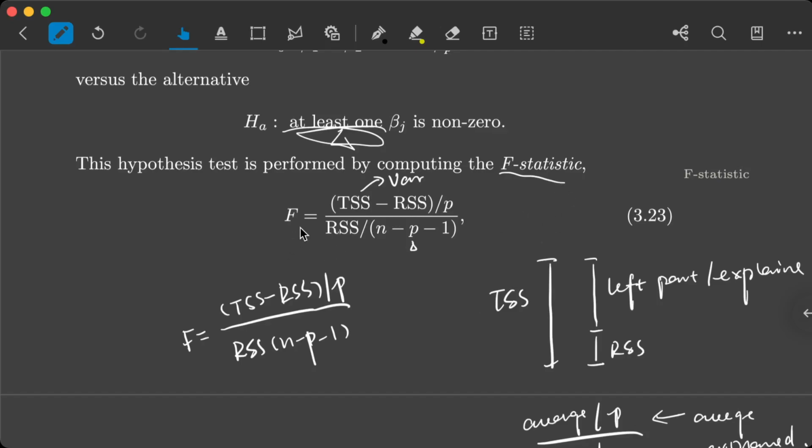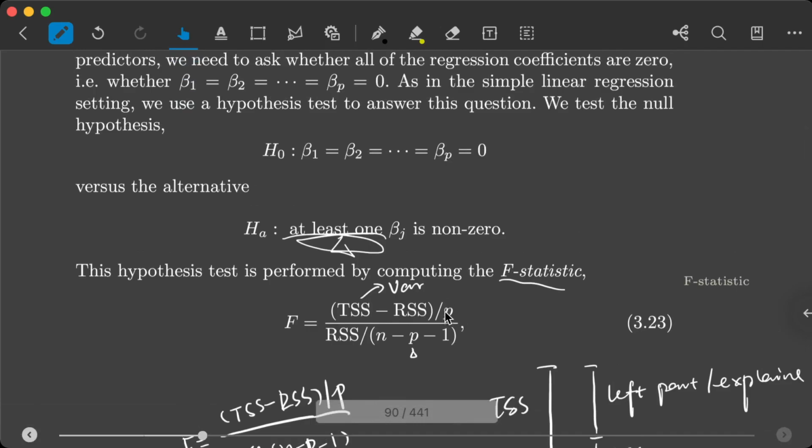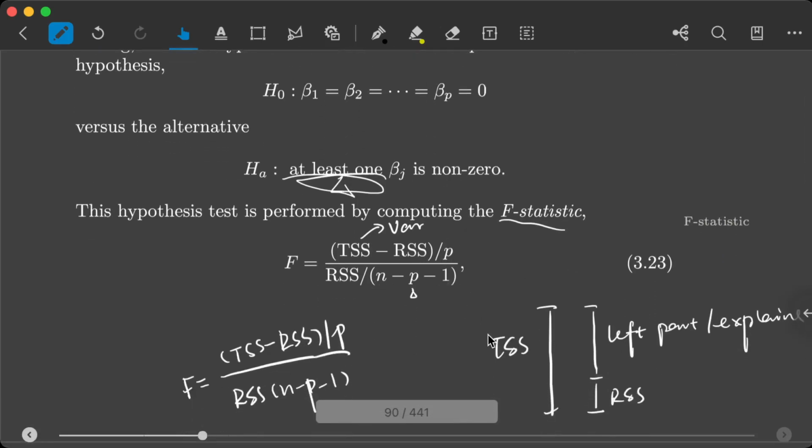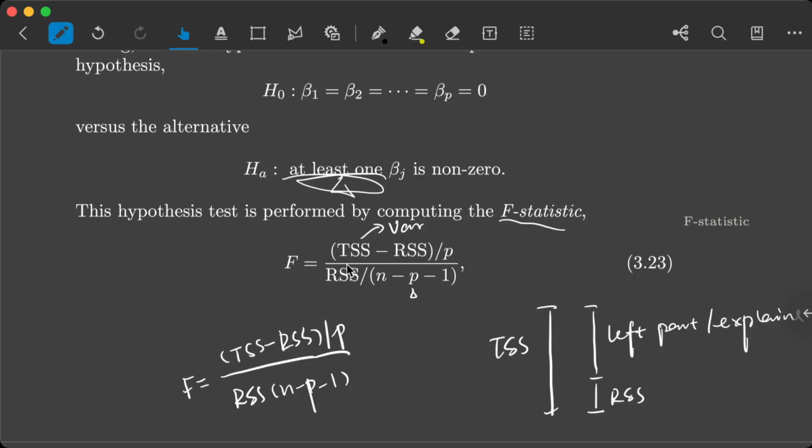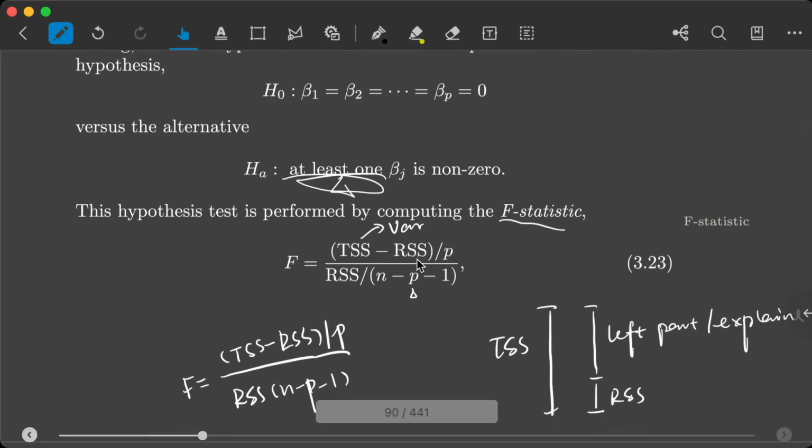A large F means that we get a large amount of information from these predictors. So in summary, F indicates how much information we get from the predictors to explain or to predict Y.